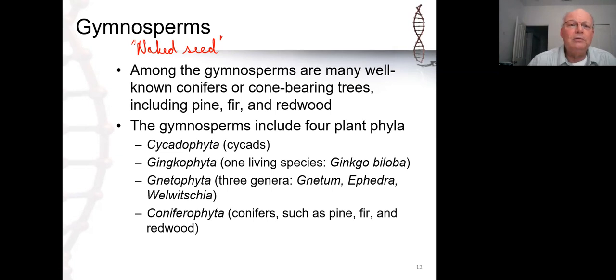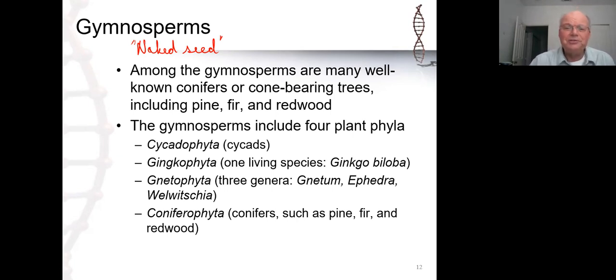The next clade, or the next phylum, is Ginkgophyta. There is only a single surviving species, and our current feeling is that this is extinct in the wild because it's a native of Eastern China, and given the rate of development in China and the loss of habitat in China, we think that the ginkgos are essentially extinct in the wild now, and this has probably been true for quite some time.